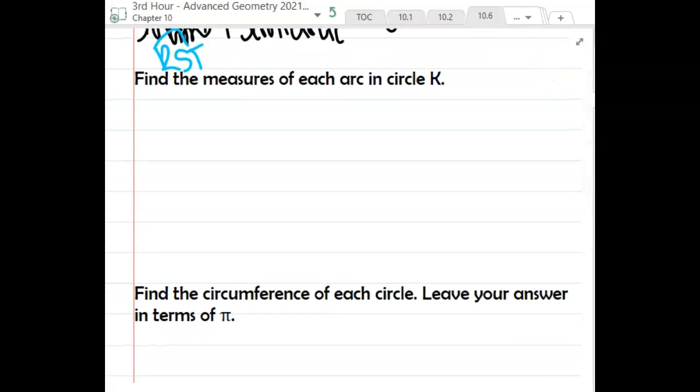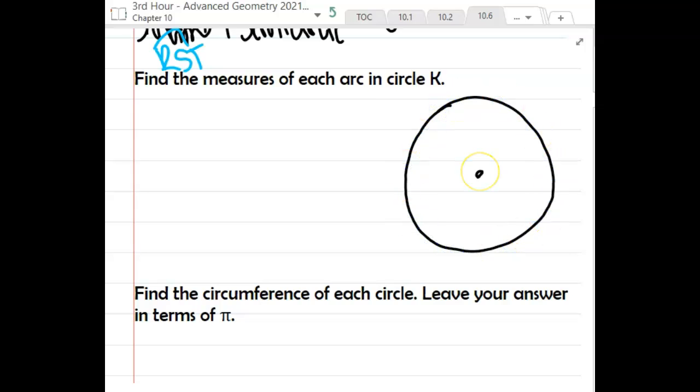Now let's move on to talking about measures. So we want to find the measure of each arc in circle K. So let's go ahead and draw circle K, which remember, circles are named off of their center.